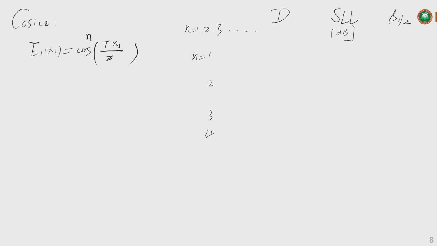When n increases, that means its order increases also, right? So that means the half power beamwidth is going to increase also.